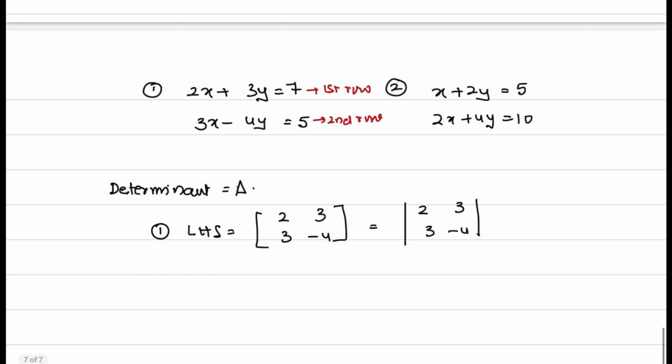For finding the determinant, we do cross multiplication: this element is multiplied with this, and this with this, and the two are subtracted from each other. 2 into minus 4 is minus 8. Minus 3 into 3 is minus 9. So minus 8 minus 9 is equal to minus 17. This is the determinant of the first. Now, let us come to the second case.